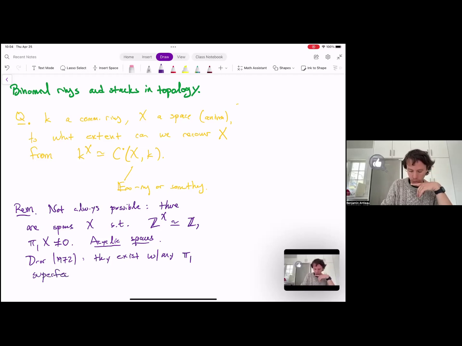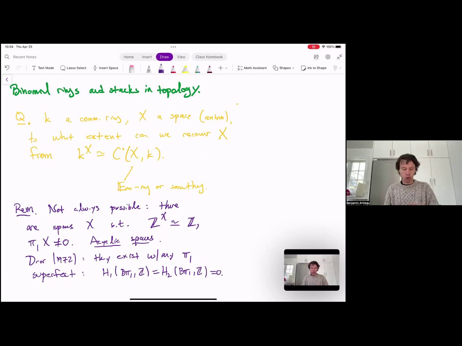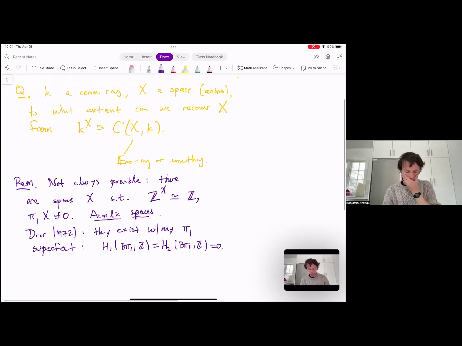So for any group which is super perfect, meaning that H1(B pi1; Z) and H2(B pi1; Z) both vanish, so for any group which satisfies these conditions in its group homology, then there are spaces with that pi1, but which are acyclic.